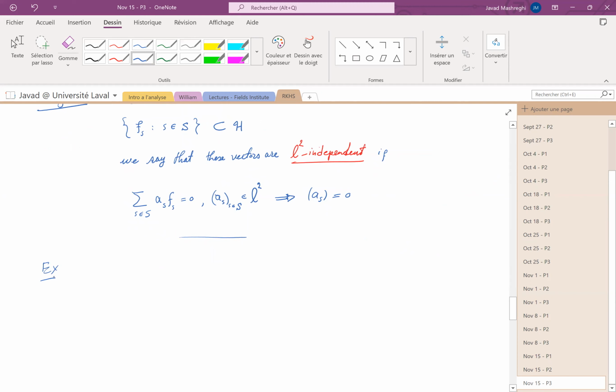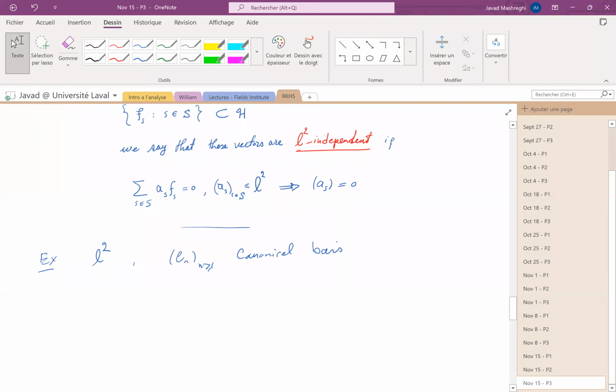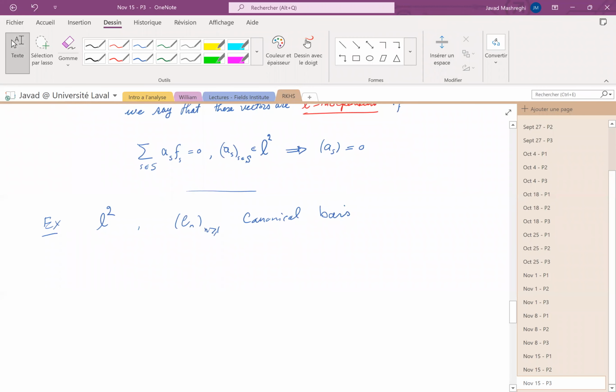Let me give an example to distinguish things. Consider the ordinary L2, the little L2 that we have as our first Hilbert space, with en, n bigger than or equal to 1, the canonical basis. And then consider this element, X equals the sum, n from 1 up to infinity, of 1 over n en.